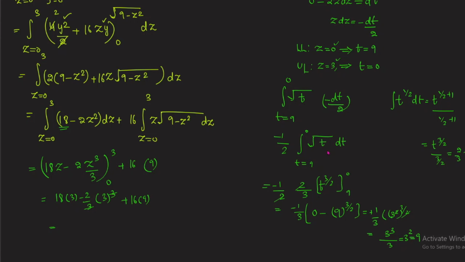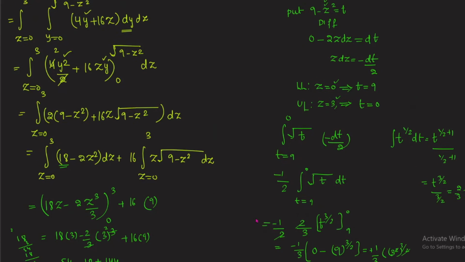We can cancel this, this will become 9, so 18 times 3 is 54 minus 3 square 9, 9 2s are 18, plus 16 into 9, value is 144. Now we have 54 minus 18, 36 plus 144 will be 180. That would be the answer for this question. Now we got the answer for this question.